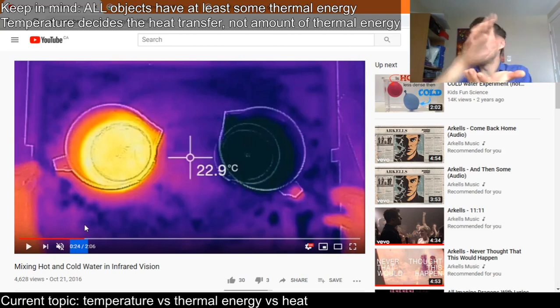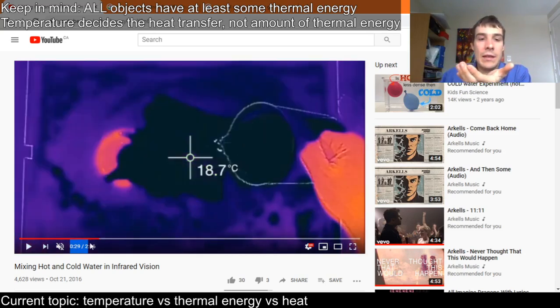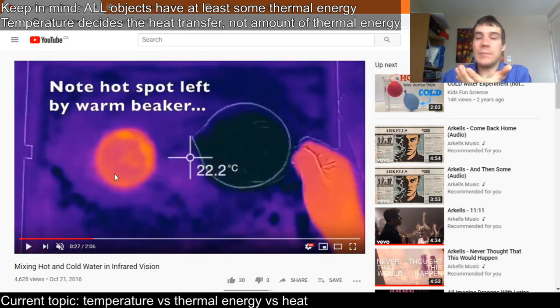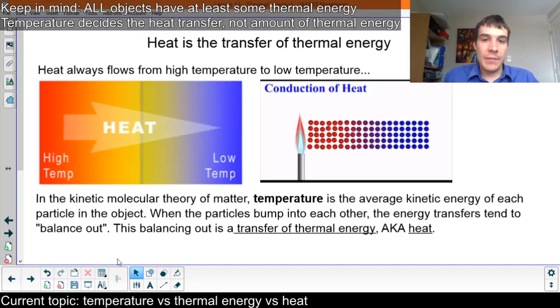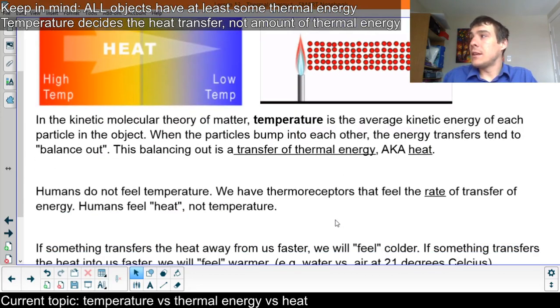Then they took this away, but the tray is still jiggling underneath, and that's why you see that hot spot just where that beaker used to be. So that's a conductive transfer of thermal energy. So that's temperature versus thermal energy versus heat.